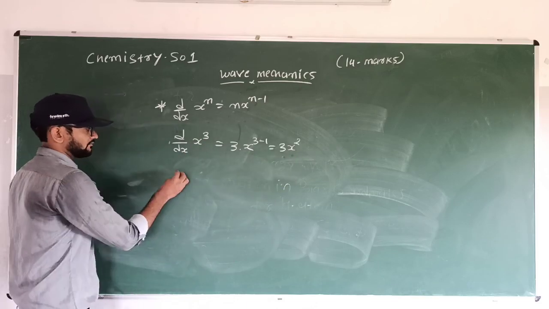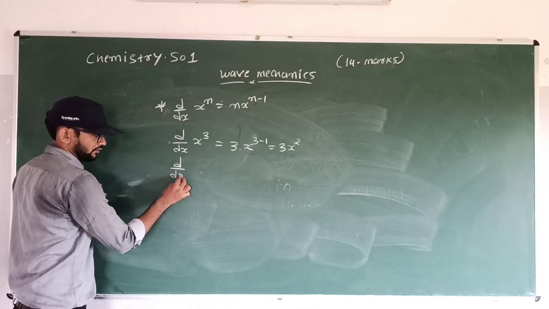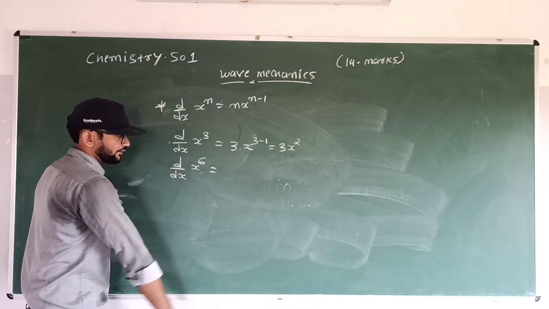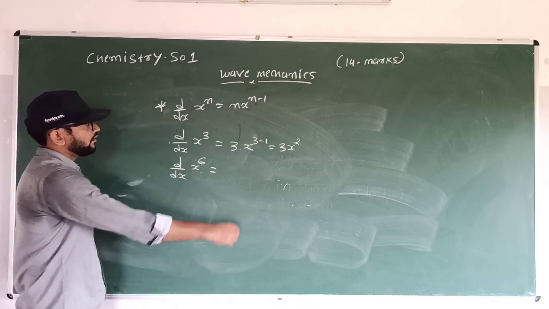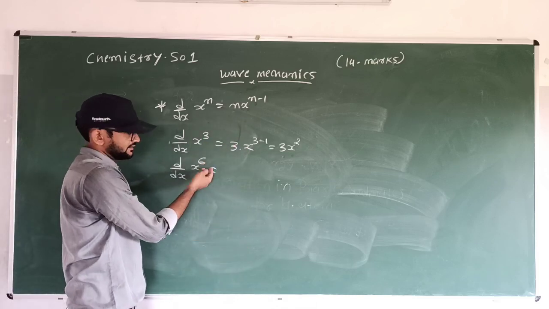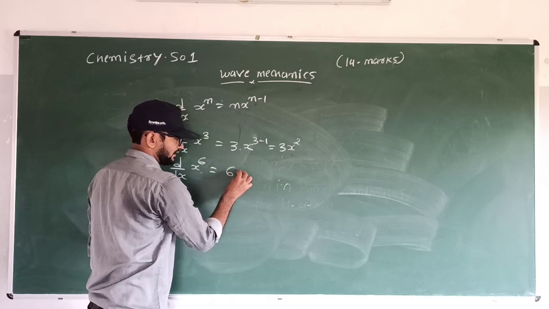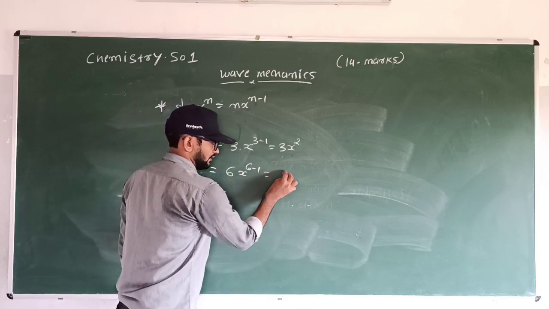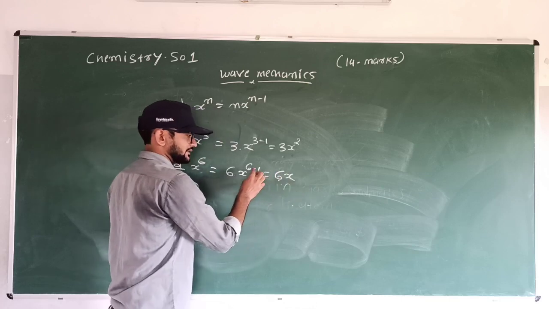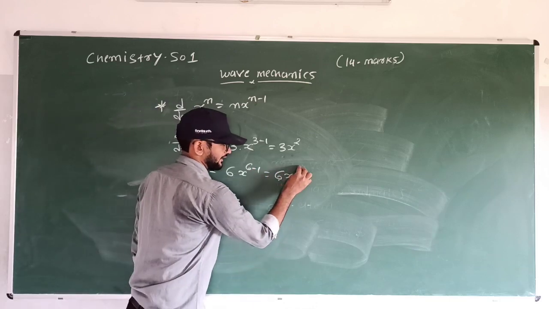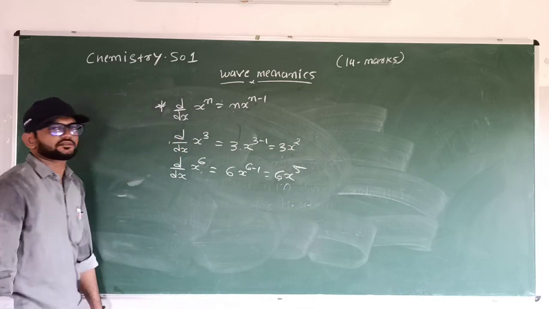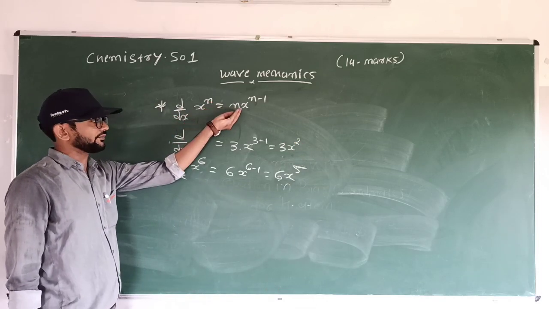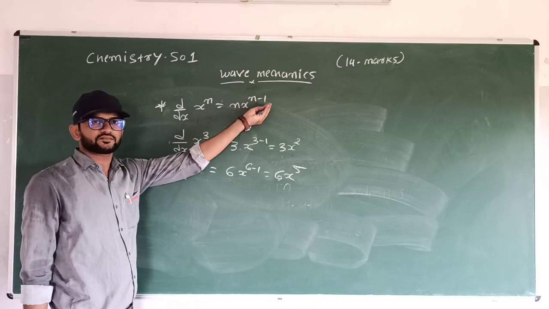Another example, d by dx of x to the power 6: the value of n is 6, so 6 into x to the power 6 minus 1 is 6x to the power 5. So this is the first formula: d by dx of x to the power n is equal to n x to the power n minus 1.